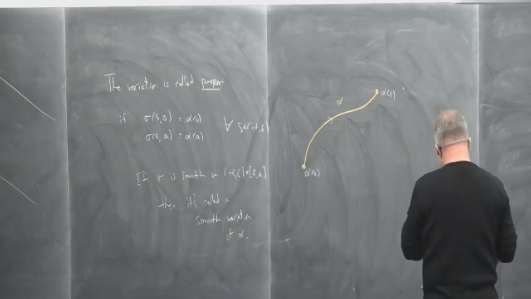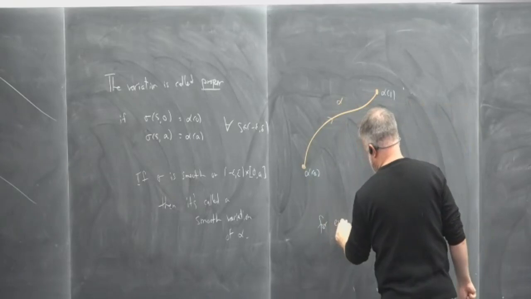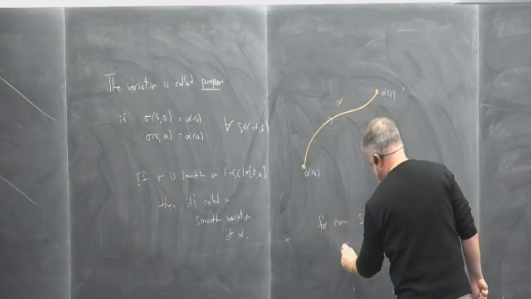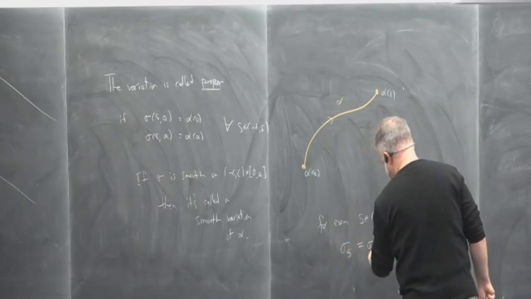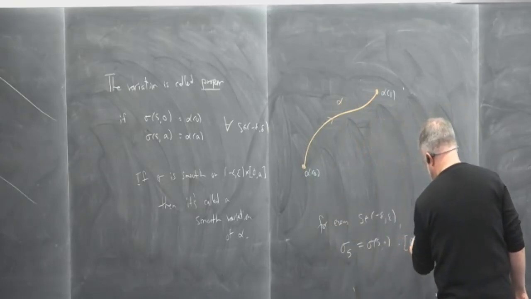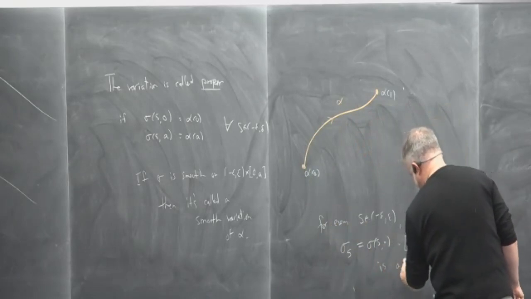The way you should think about a variation is, for every s in (minus epsilon, epsilon), if I look at sigma_s, which is sigma of (s, dot), then this is a map from [0, a] to M, a piecewise smooth curve.